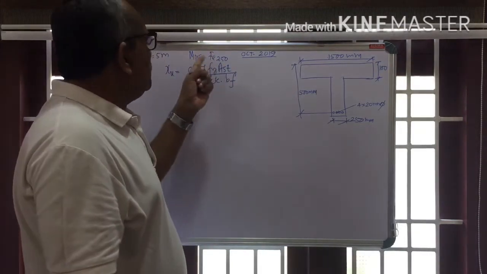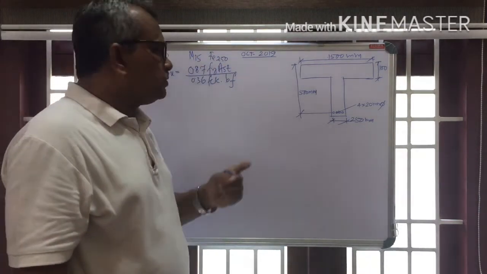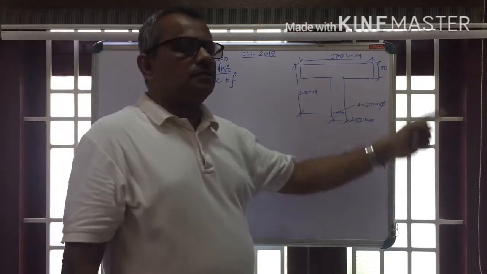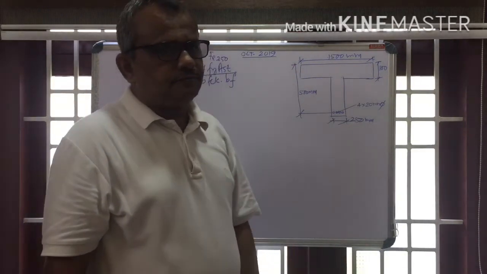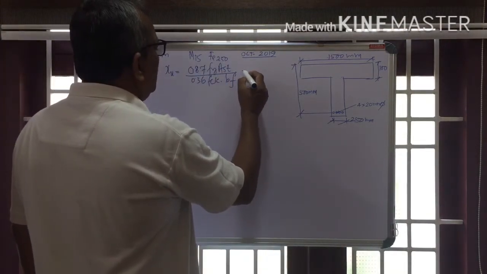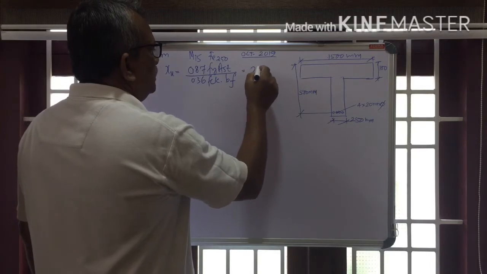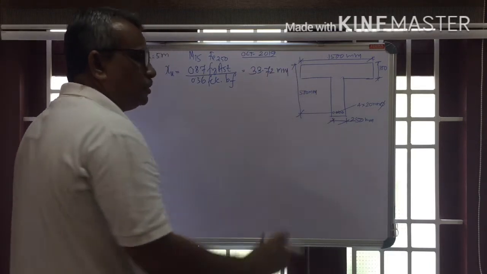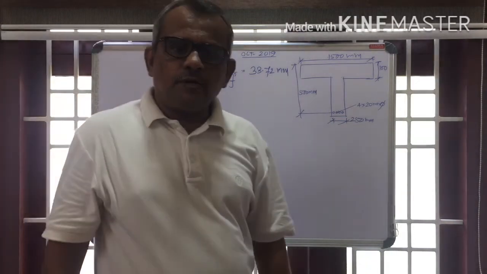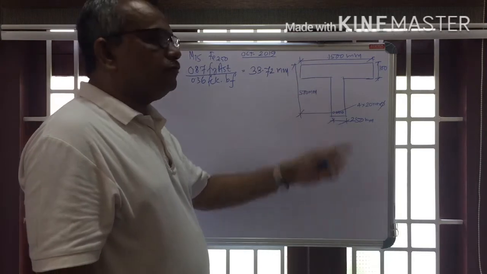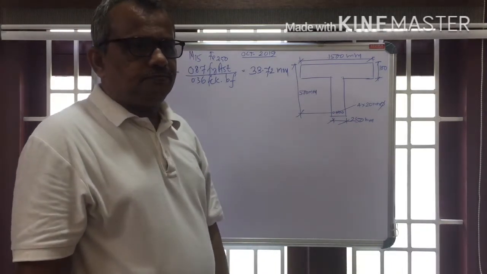You know the value 15 Newton per mm squared, characteristic compressive strength of concrete, into BF, the width of the flange, 1500 mm. So substituting these values here, you can find out the value of XU. It will be equal to say 33.72 mm. You calculate and check. 33.72 millimeter is the actual depth of neutral axis of this beam.